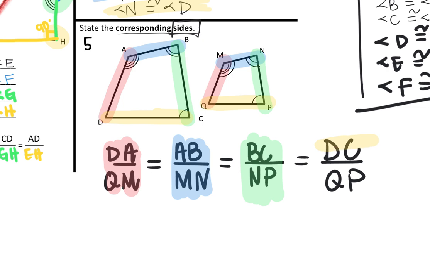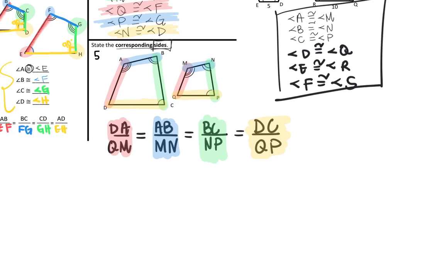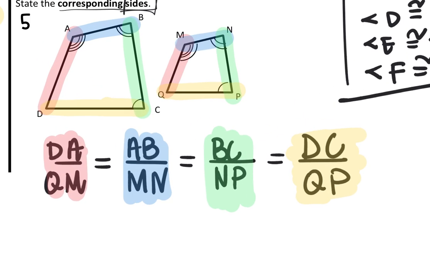Good luck. This was our last example. We went from doing angles to, for example 5, only doing sides, okay? So what I'm doing for this part is doing sides only. That's my focus. So I have 4 sides, so I did 4 different fractions, okay?